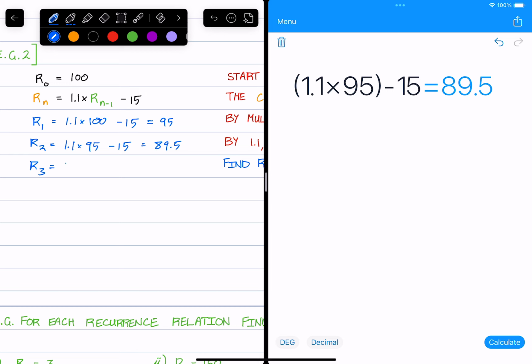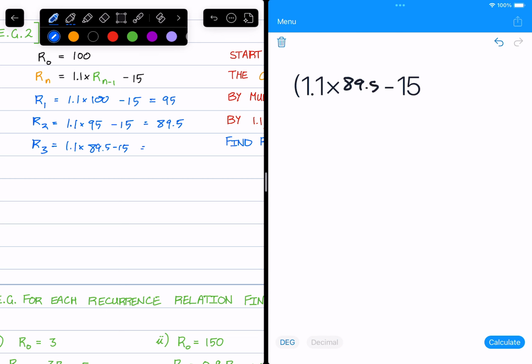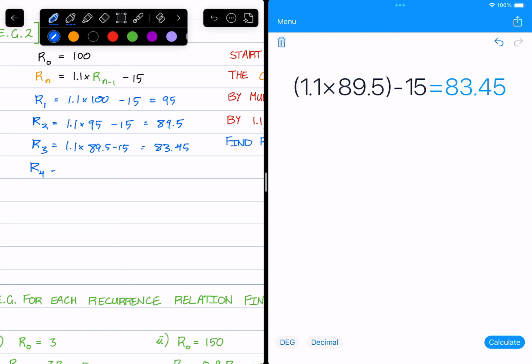R3 is 1.1 times, and here's where the recurrence relation is really evident. We take the result of the previous, input it into the same formula, and there we go. This gives us 83.45.